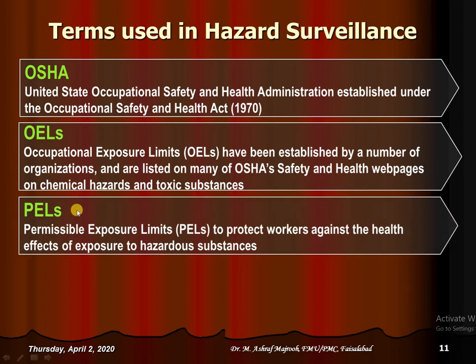Then PEL, permissible exposure limit, is a term to protect the worker against the health effect of exposure to hazardous substances. These are the limits. They are also under the regulations.